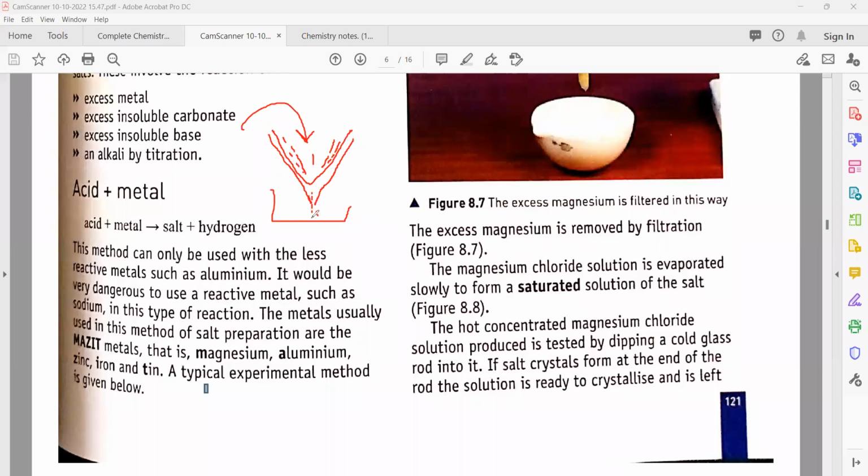Only the liquid comes out. This is a simple filtration. Whatever solution you get here, you just pour into this filter paper, and the solution of the salt, like magnesium chloride, comes down, and the excess magnesium, which is in solid form, will not go down.